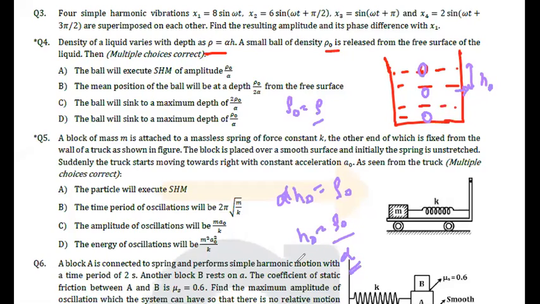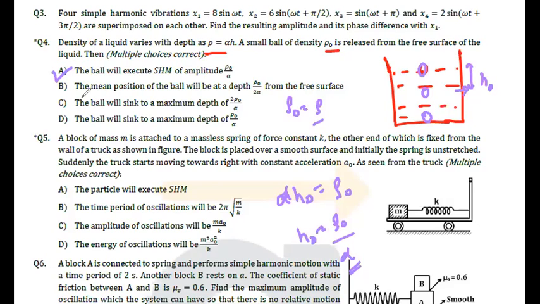So this should be the maximum amplitude. Yes or no? Everyone got this? So the answer is A. But it is multiple choice.